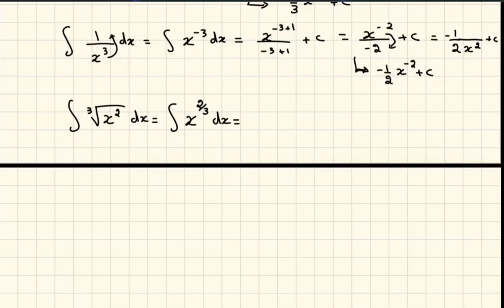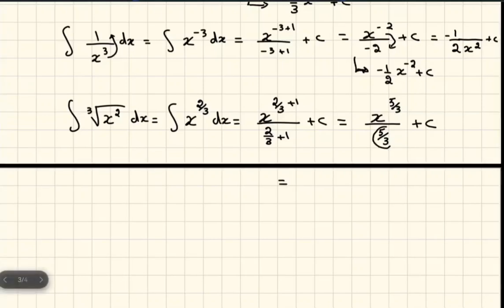And now I continue. x exponent 2 over 3 plus 1, over 2 over 3 plus 1, plus c. Don't forget the c. So it becomes x exponent 5 over 3, and down we're gonna have 5 over 3. Now, how to proceed from here? Always whenever you see a fraction in the denominator, just flip it and write it up.